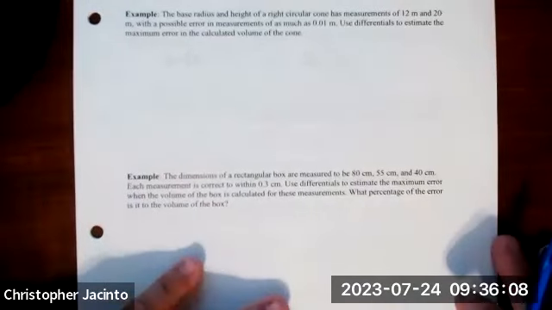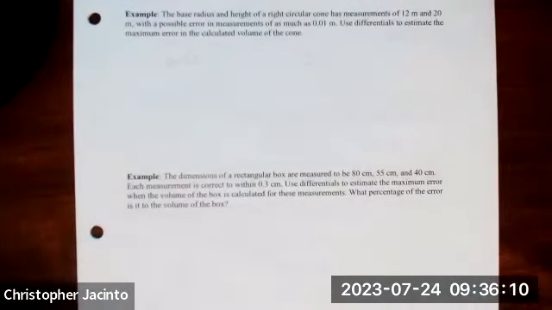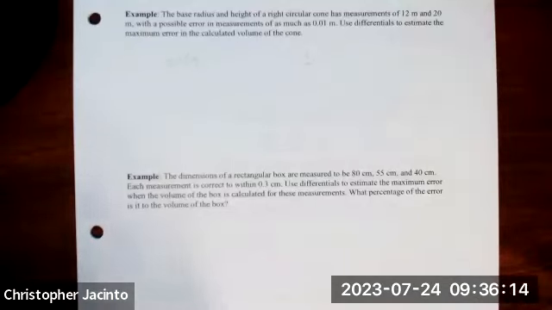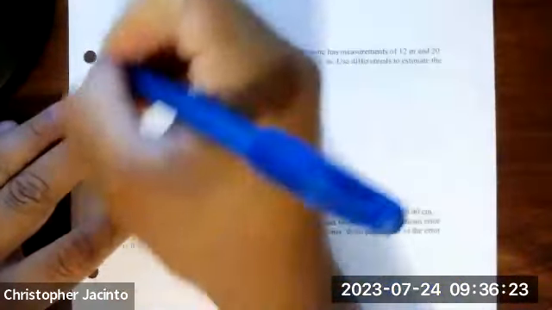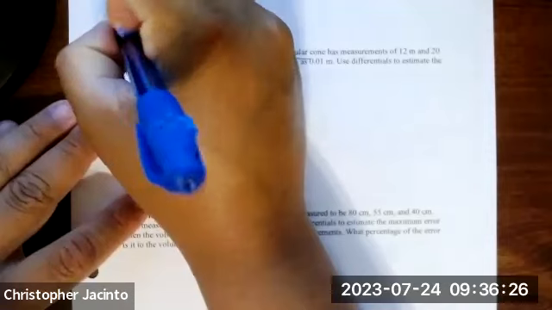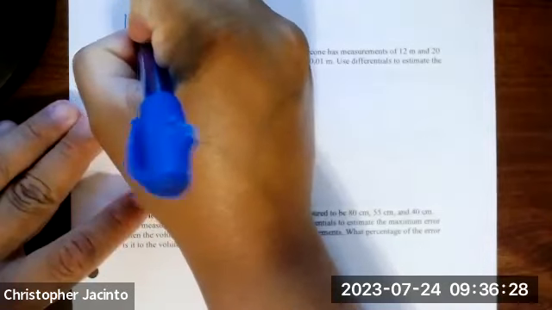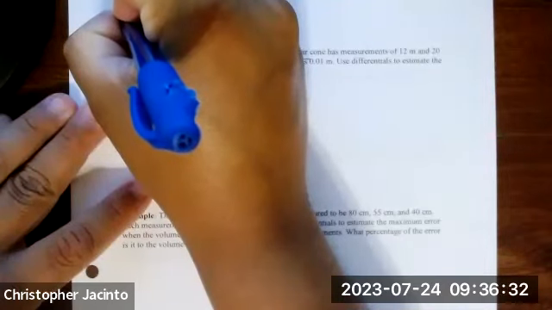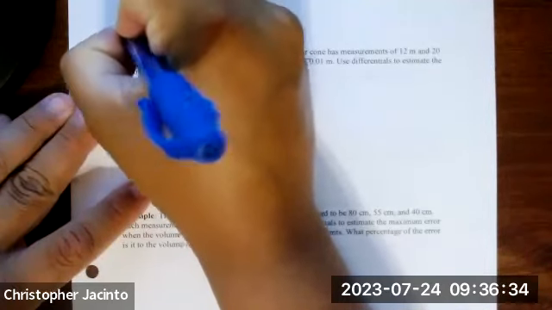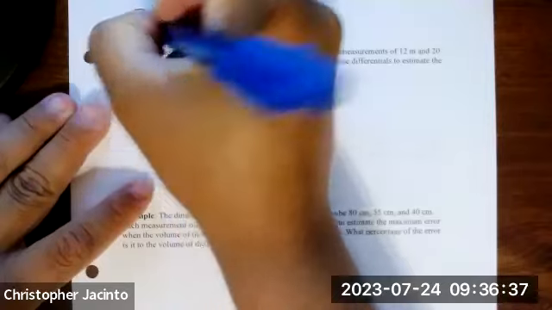So the first example, the base radius and the height of a right cylinder can be measured by 12 meters and 24 meters.